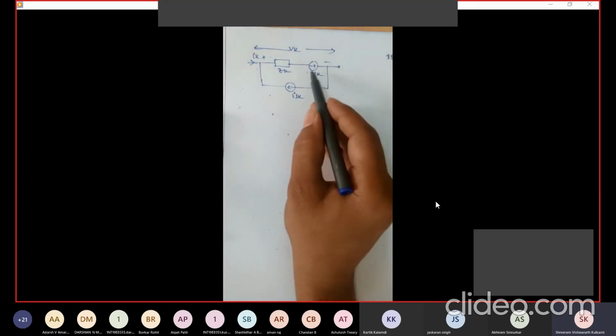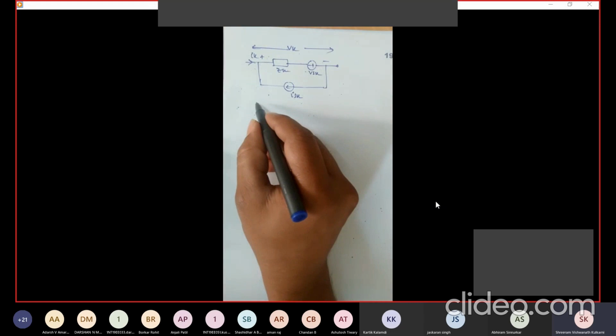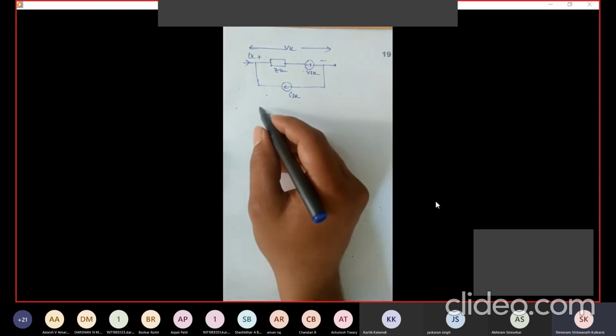Here the one voltage source is in series with the impedance and the current source in parallel with the combination of voltage source and impedance. Now, we know that inverse of the impedance will be the admittance.